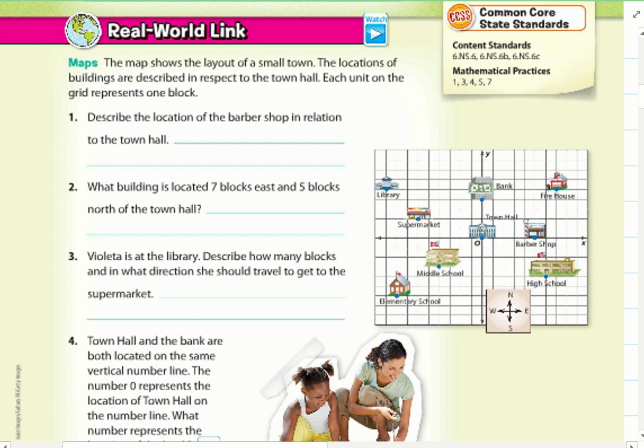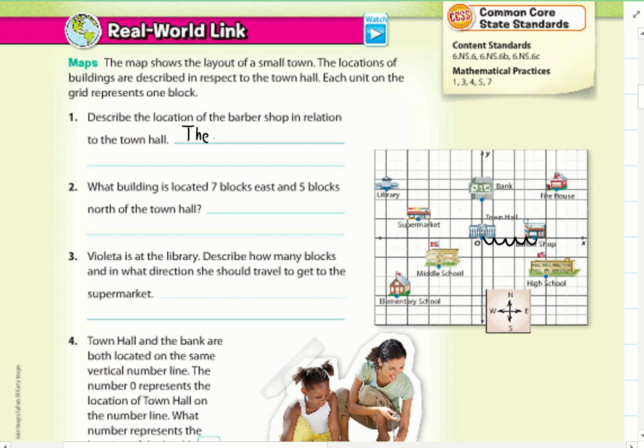The map shows the layout of a small town. The locations of the buildings are described with respect to the town hall. Each unit on the grid represents one block. Number 1, describe the location of the barbershop in relation to the town hall. So if I look at the barbershop, which is here, and the town hall is to the left of it, I go 1, 2, 3, 4, 5.